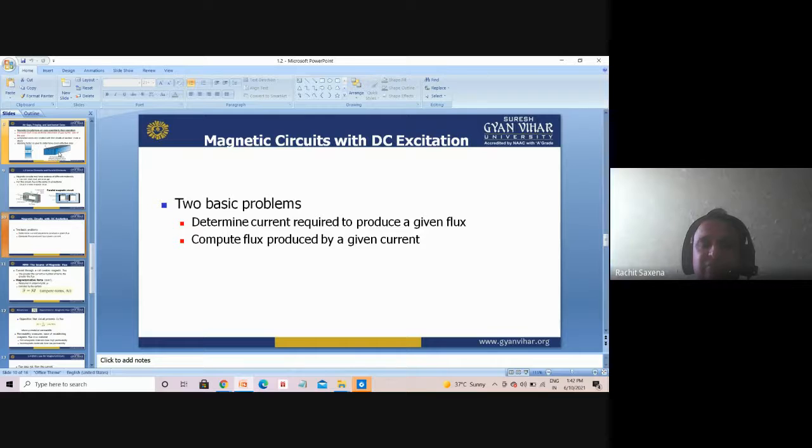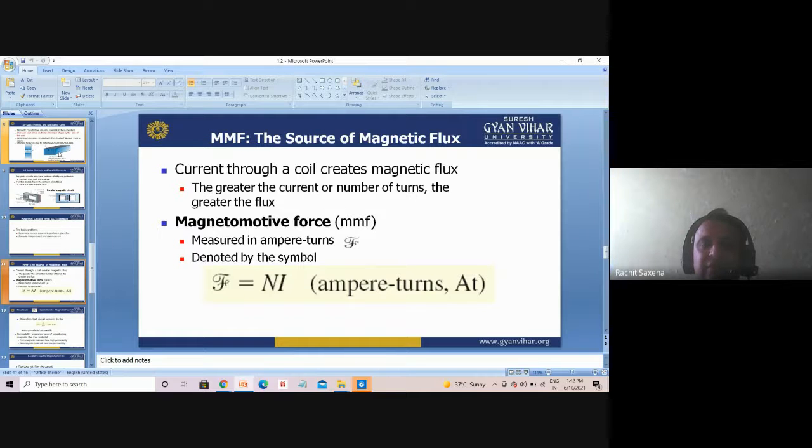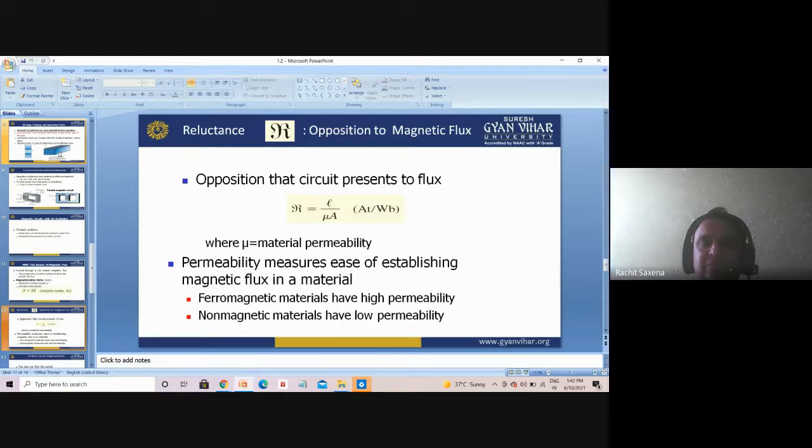These are some problems with DC excitation. That is magnetomotive force, mmf, ampere turns. Then we have the reluctance, the opposition to magnetic flux, or we can say the property of magnetic material which always opposes, or resists, flux generation, flux creation, flux production.